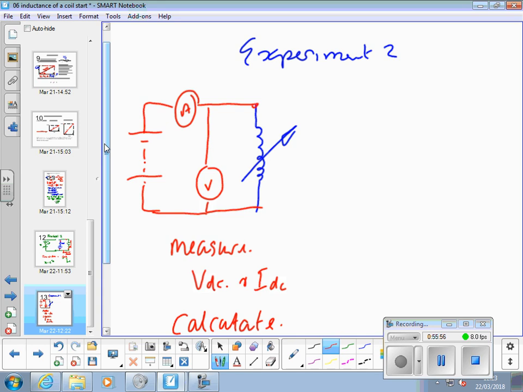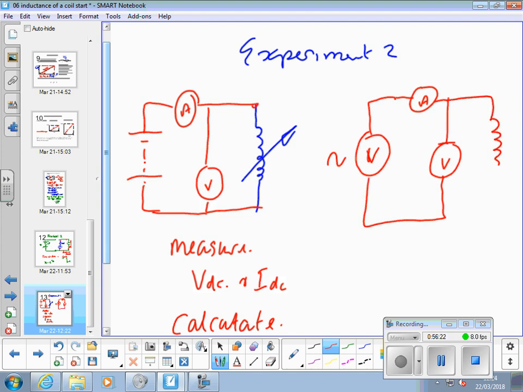Move it, let it settle down. So for each core position you're going to use an AC voltage, again through an ammeter and with a voltmeter connected.